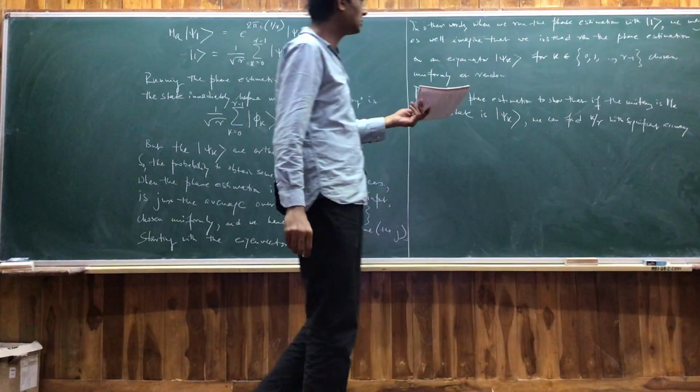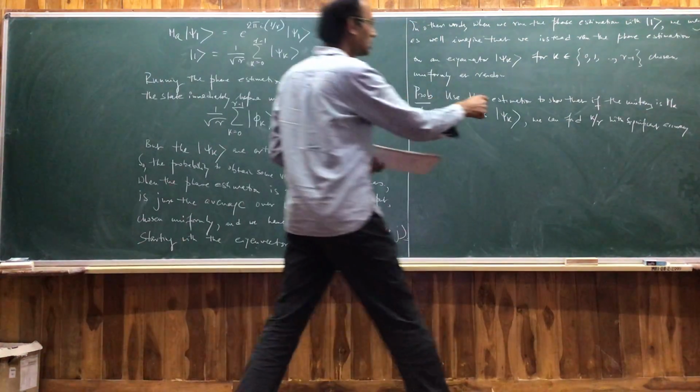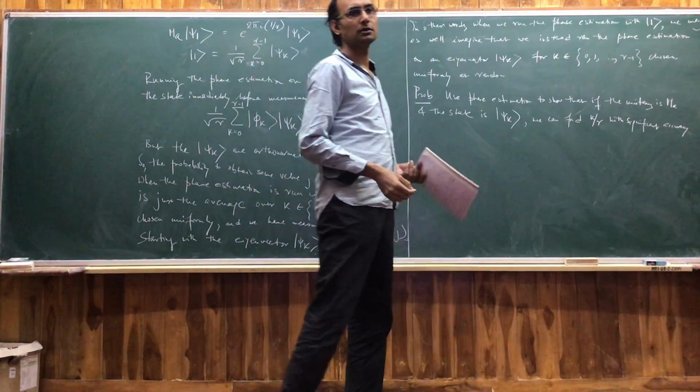We have done this problem for the psi1. This is the same thing here. There it was 1 over r. Now it is k over r.